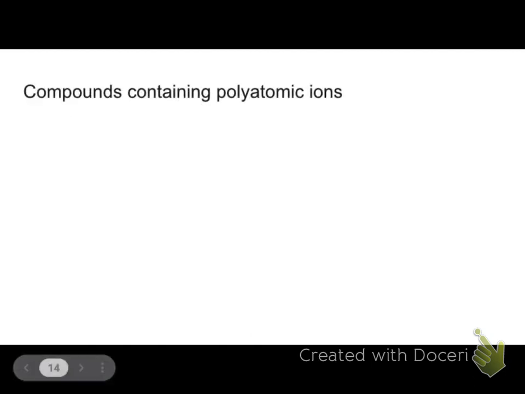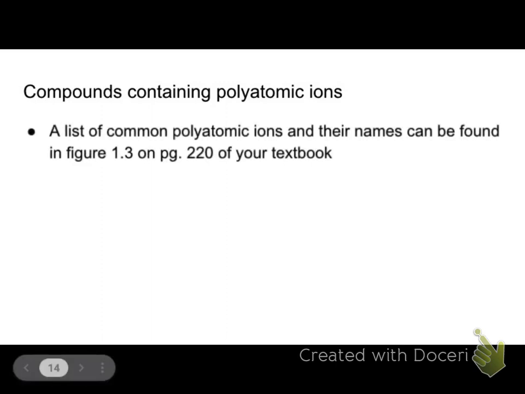Now we can move on to compounds that contain polyatomic ions. If you remember from polyatomic ions, that's a group of atoms that are covalently bonded together, but they have a charge. A list of the common polyatomic ions and their names can be found in your textbook on page 220. There's a little figure 1.3 that has a list of common ones and what you call them.